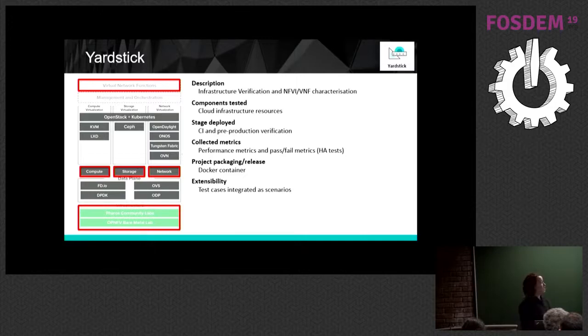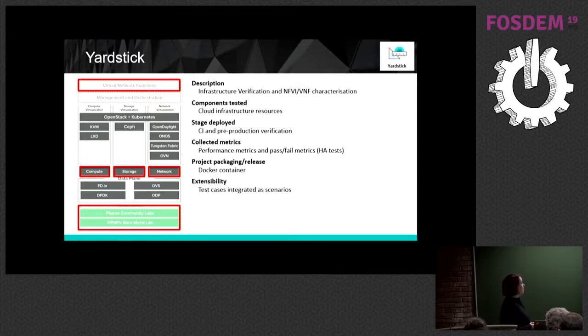The second part of Yardstick is the test cases, and these are already existing test cases. They're defined in YAML, and we make use of the Jinja templating format so that you can actually take existing test cases and modify those instead, edit the parameters to actually meet your testing requirements. The same as Functest, it is packaged in a Docker container, so you can pull that down and use it.